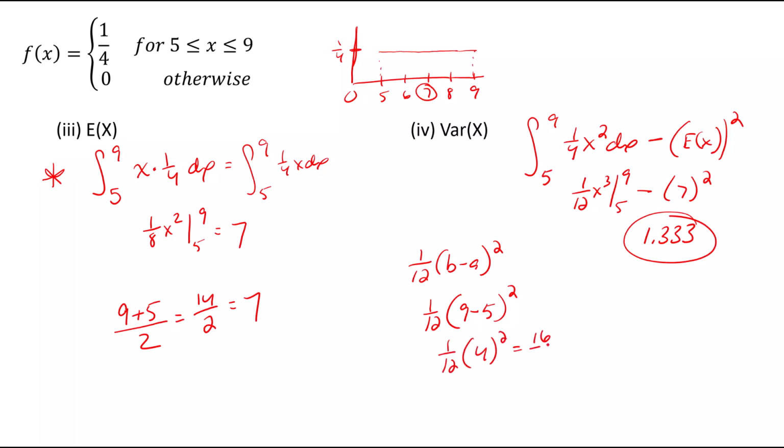This gives me 16/12, which reduces to 4/3, which is 1.333. Okay, but you would need to memorize this formula for variance. Either way, it's completely up to you, but I wanted you to see it and understand how to do that.